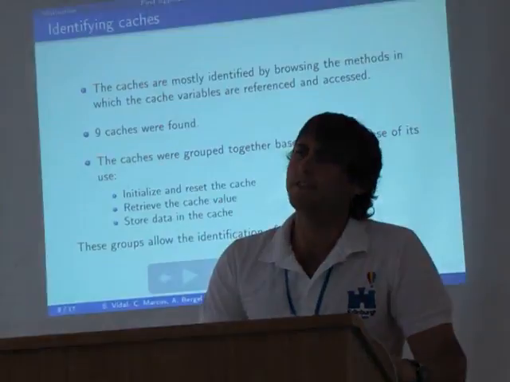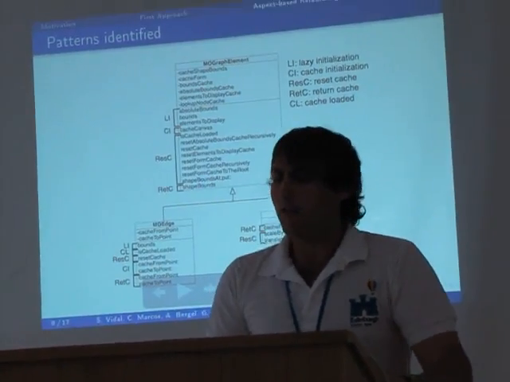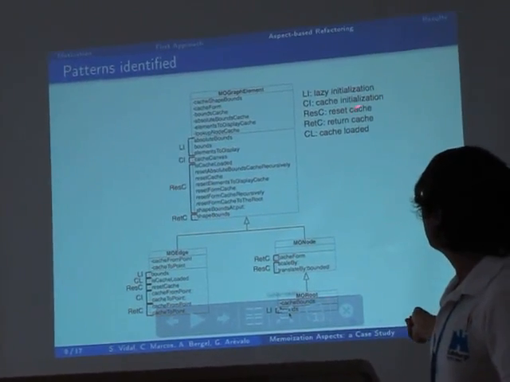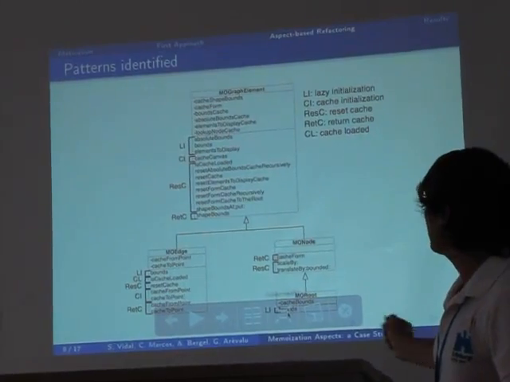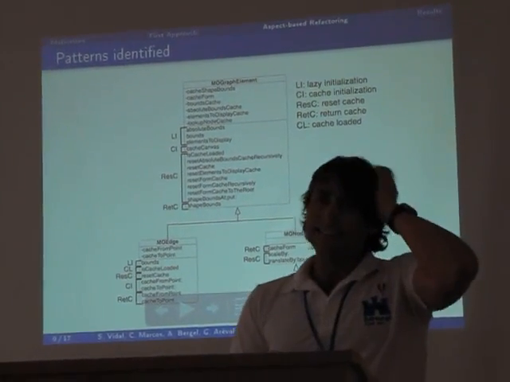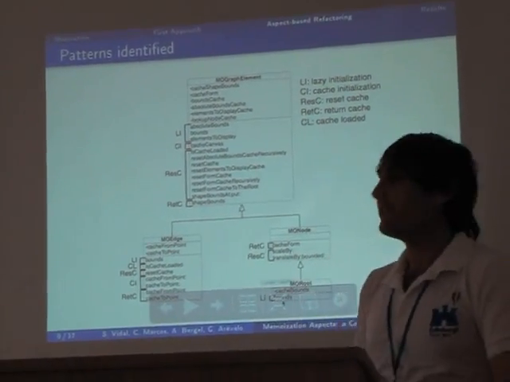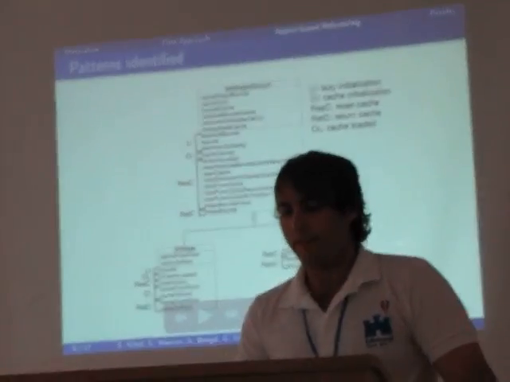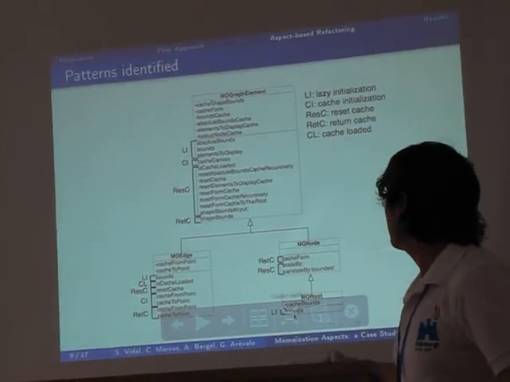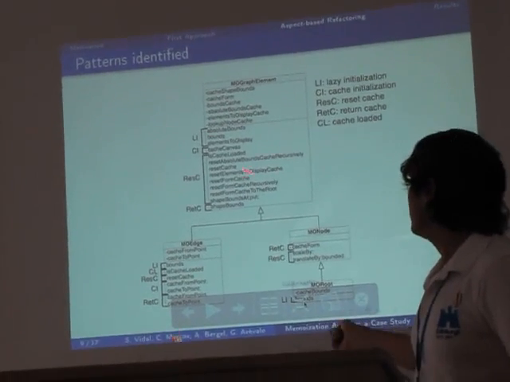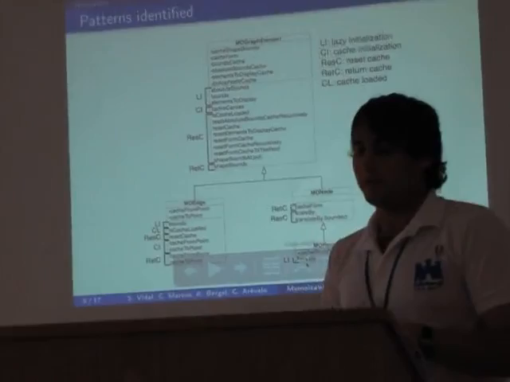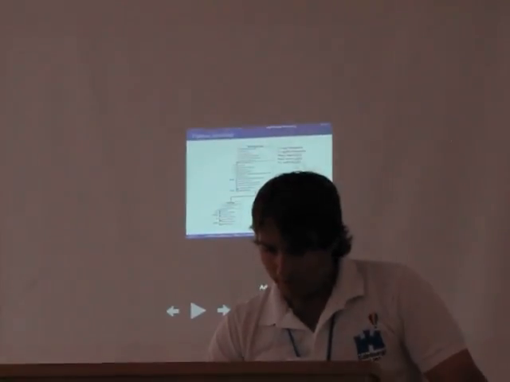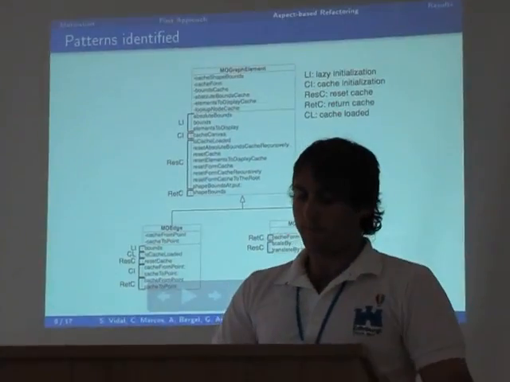In fact, we identified 5 code patterns: lazy initialization, cache initialization, reset cache, return cache, and cache load. These patterns are spread across the whole hierarchy of end-of graph element with different methods. Here there are only the main methods in which we found these code patterns.